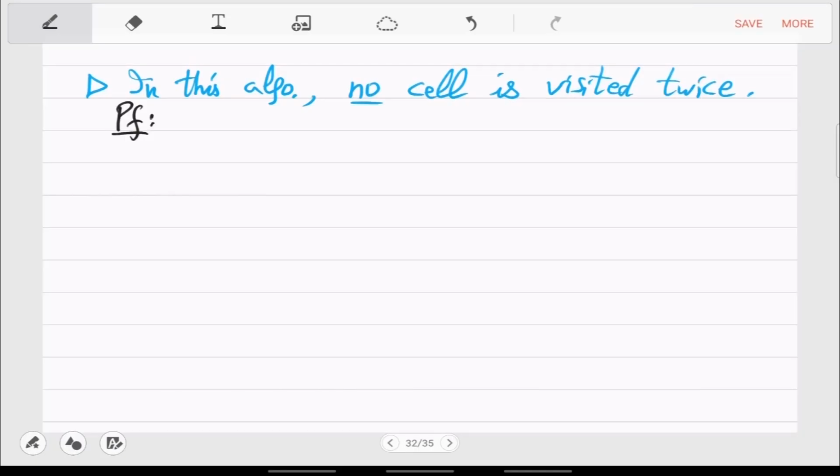This is because we have assumed the grid to have distinct integers, and every time we take a step, we reduce the value.